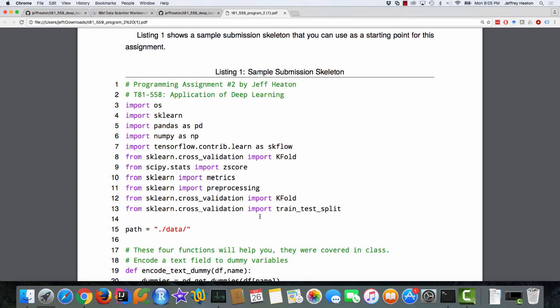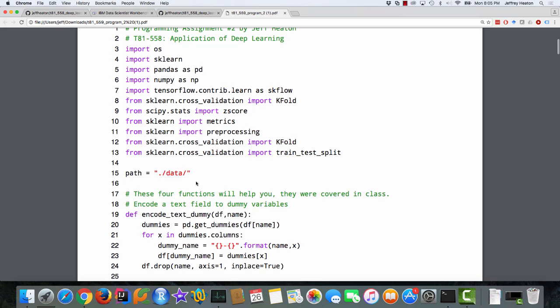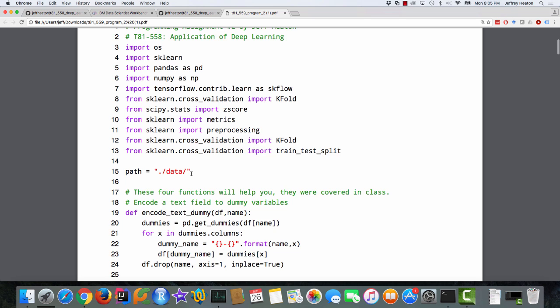Not that you have to use them, you can go your own way, so long as you get output that is comparable to the output that I get. That's fundamentally all I care about. I put the path in just to make it compatible with the IBM Data Science Workbench, but you can also put your own in data. If you don't put your data inside of data, that's perfectly fine.